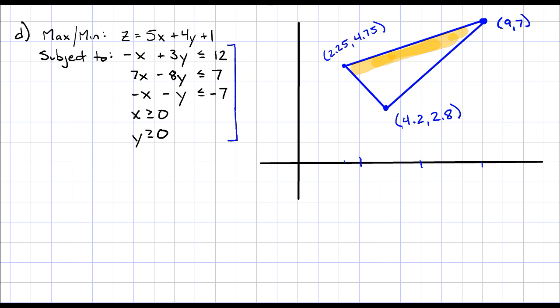And so this is what my region looks like in this problem. So now it's a matter of plugging each of these points into my objective function. So I'm plugging into this. So I need to check my vertices.